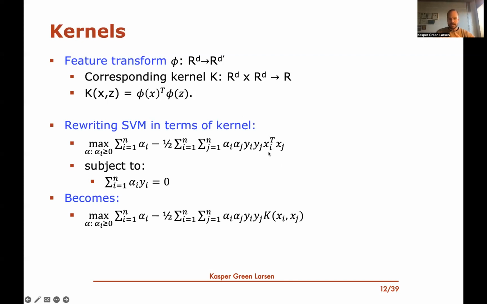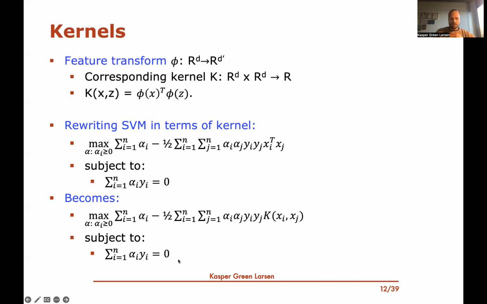Maybe the feature transform is the identity if you're just working with the original input data, then the kernel is just the original inner product. But if we're working with a feature transform, then to compute the optimal solution to the support vector machine optimization problem in feature space, we would just use this kernel, the inner product between xi and xj.